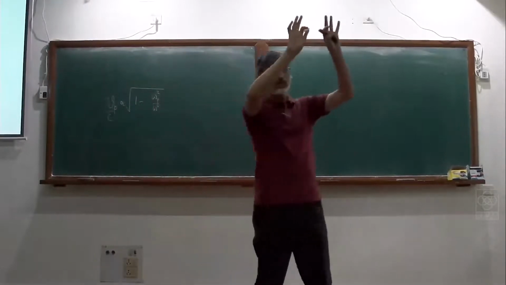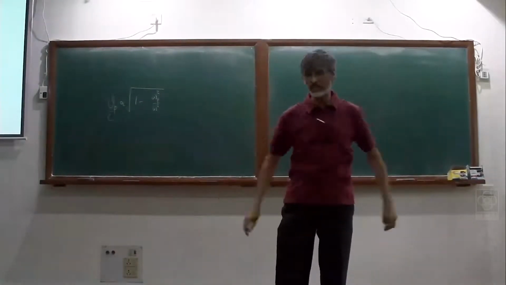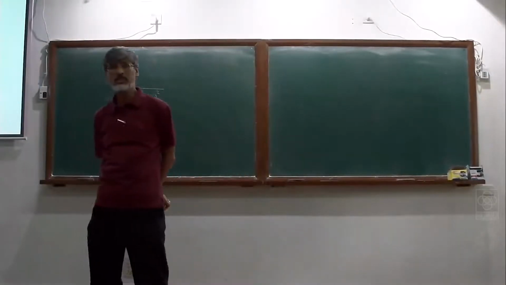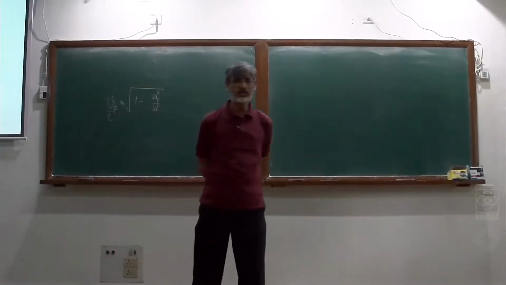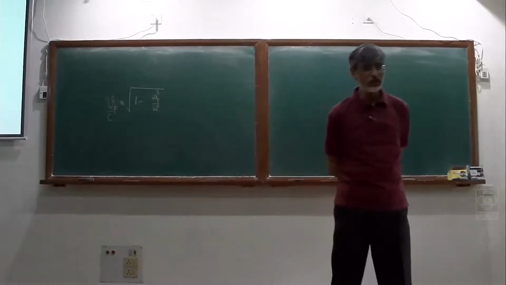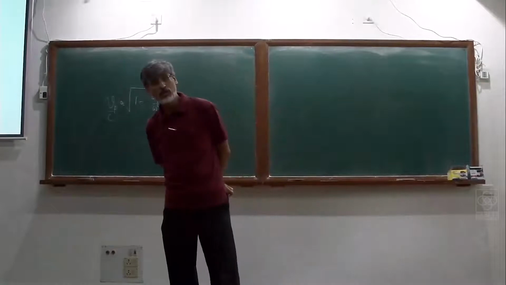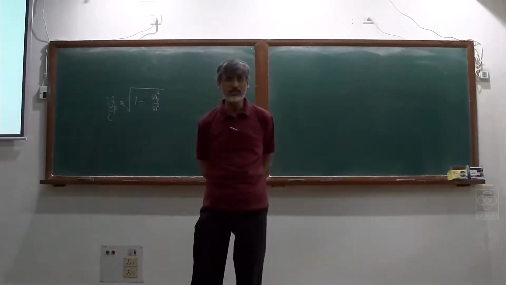So you have inhomogeneities in the electron density which are present in the interstellar medium. So these inhomogeneities in electron density cause inhomogeneity in the refractive index.